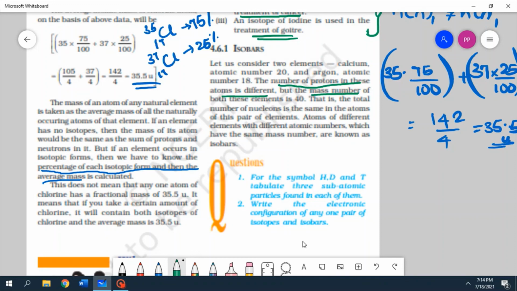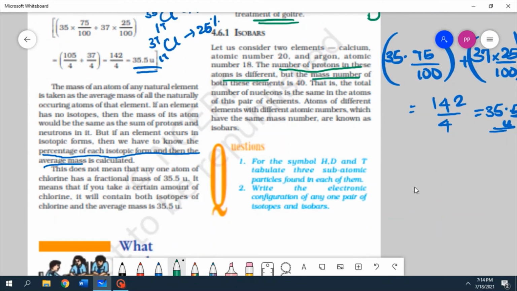Alright, and then we have two questions. For the symbol H, D and T, hydrogen, which is also called protium, deuterium and tritium, tabulate 3 subatomic particles found in each one of them.